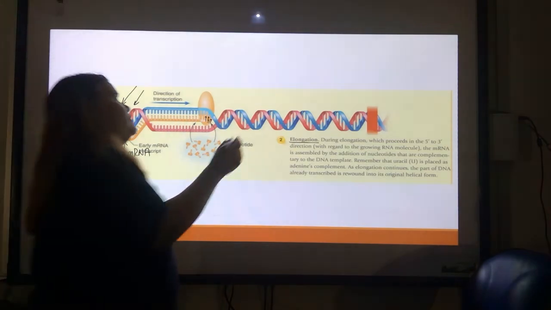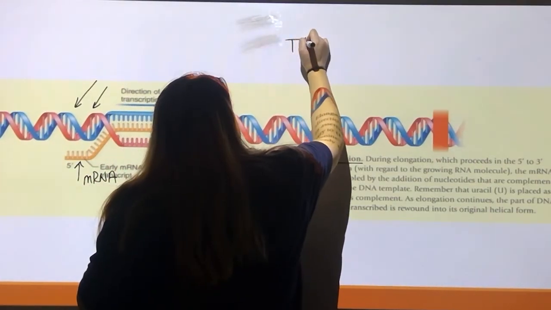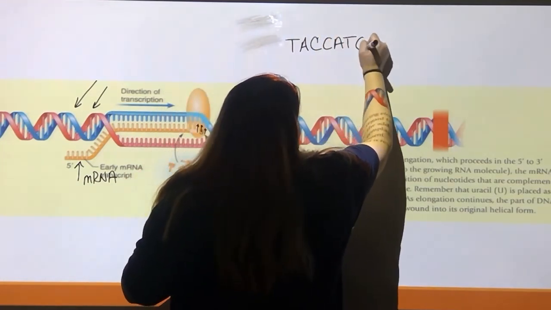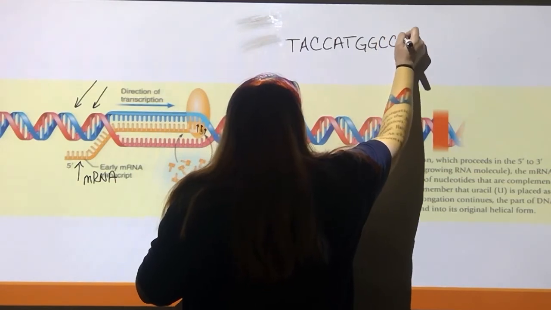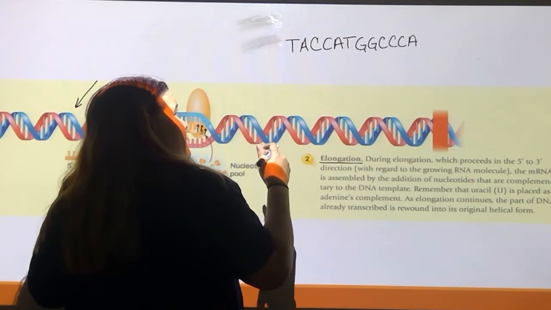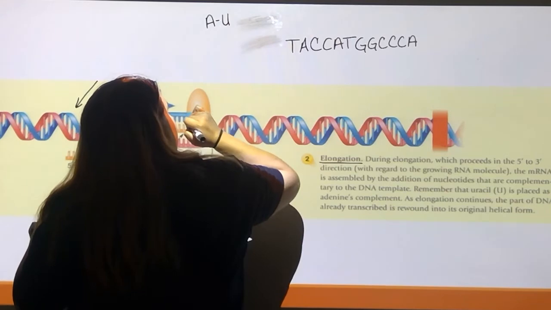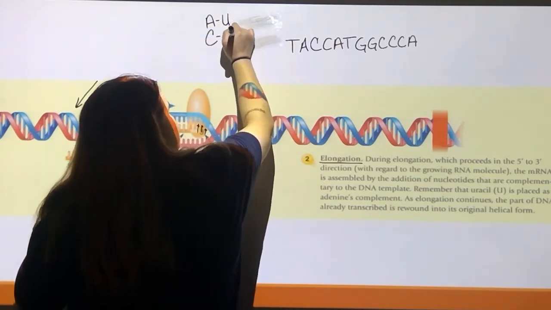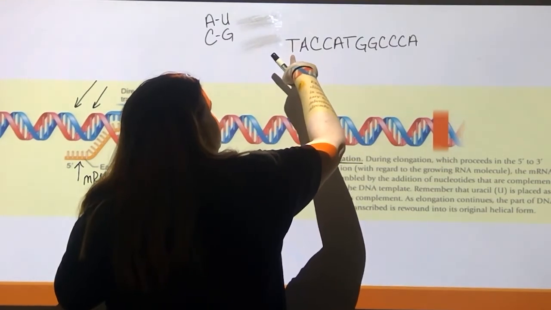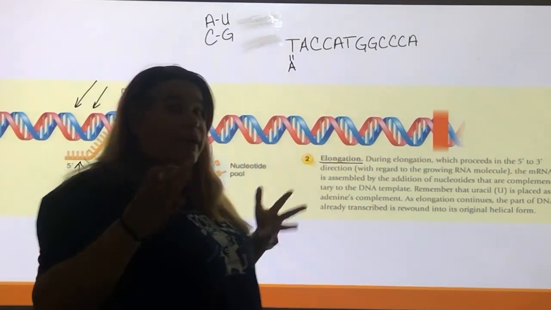What that means is, if I have a sequence of DNA, TAC, CAT, GGC, CCA, for RNA, it's A, U, C, G. Across from T is still an A for RNA.